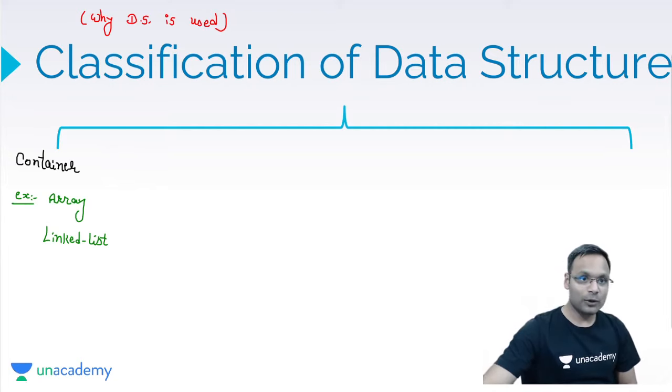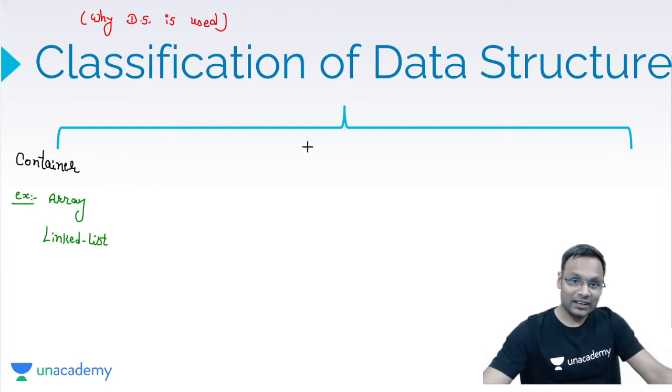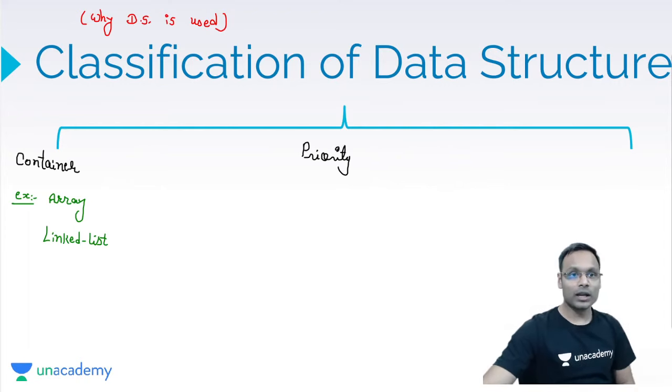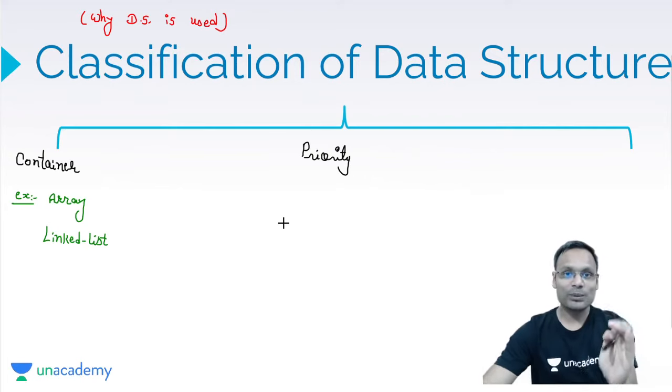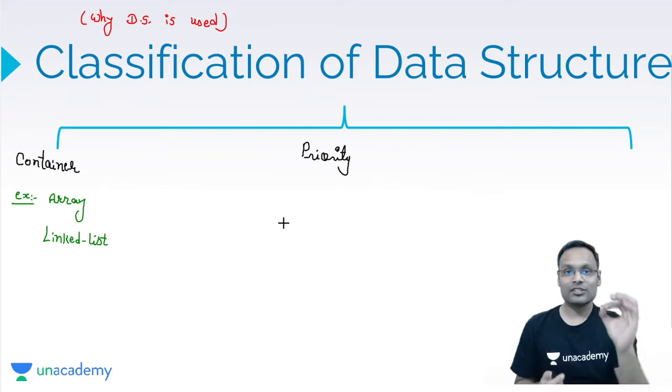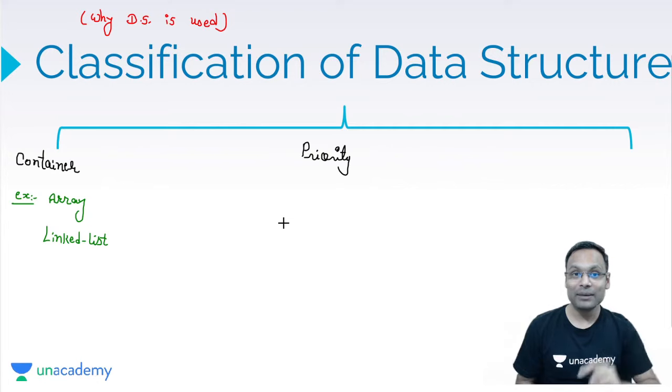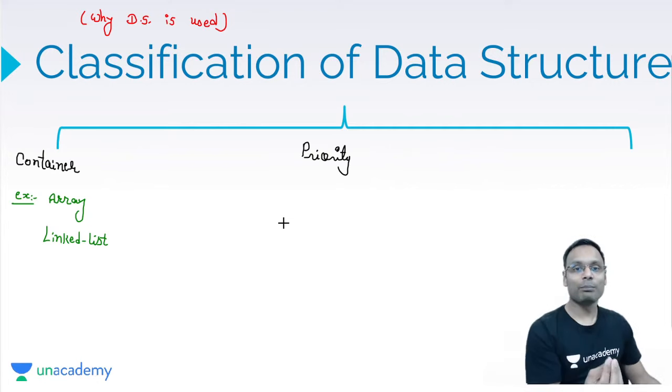Then we have the second class, the priority queue class. Now what is the meaning of priority queue class? Priority queue class means we have a specific restriction on the deletion of elements. Insertion and deletion of the elements follow a specific pattern.